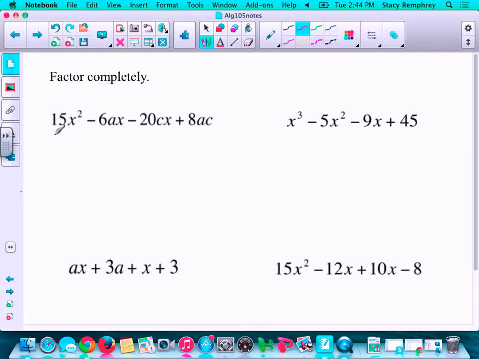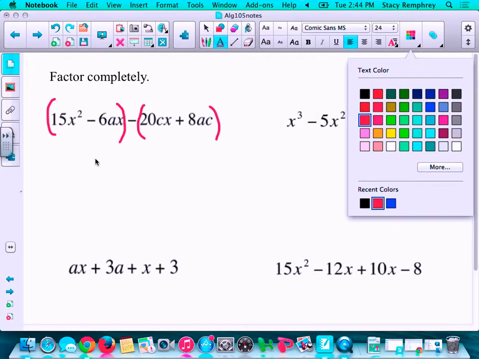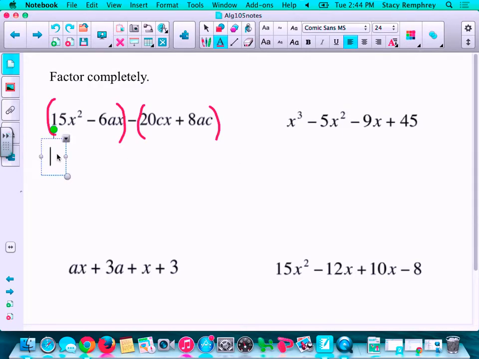check your answers. So again, I'm going to group the first 2 and the second 2. Out of the first 2, I'm going to factor out the GCF. Okay. So, sorry, a 3x.